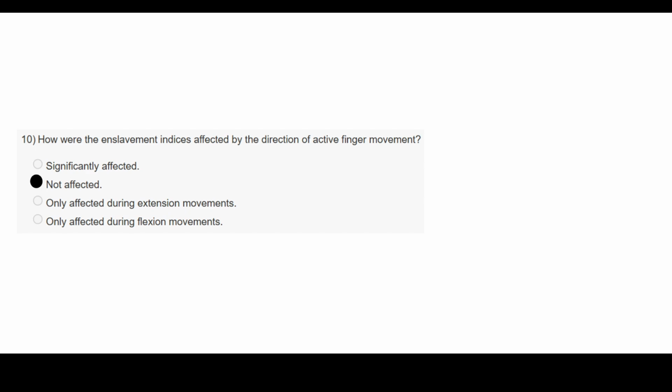By direction of active finger movement, I mean flexion or extension of the distal phalanges of the finger itself. The flexion and extension of the distal phalanges did not affect the enslavement indices.